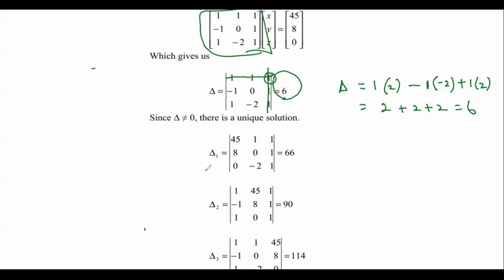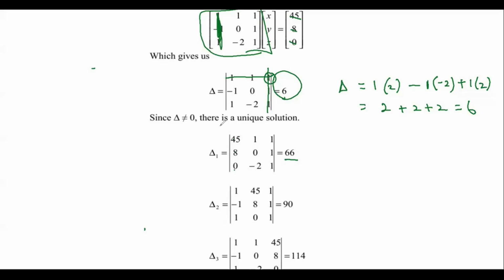And you do the same thing now. Notice what happens here. The determinant of the matrix that will give you the x coordinate is when you take this 45, the 8 and 0, and you replace these elements here. You do the same process and you get the determinant to be 6.